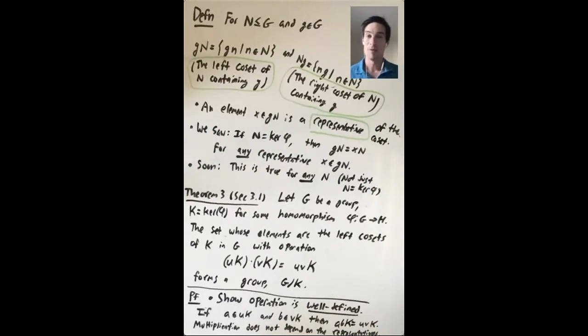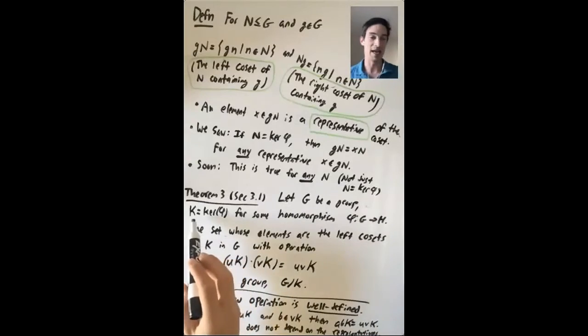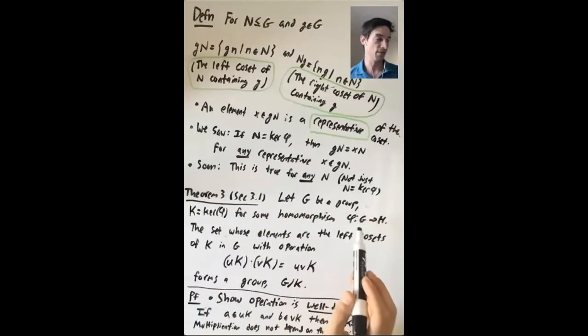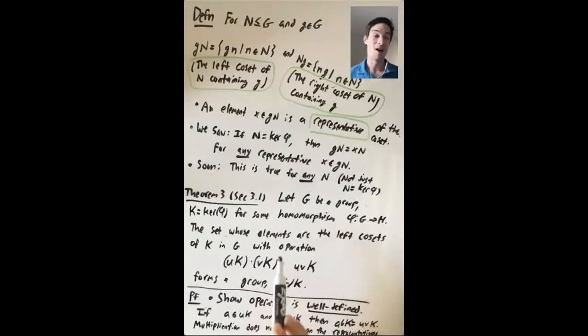But first, what I want to do is explain another description of the factor group. Let's say G is a group and K is the kernel of a homomorphism phi from G to H. Consider the set whose elements are now left cosets of K in G, where the operation is uK, that's one element, times vK, that's another element, is the coset uvK.